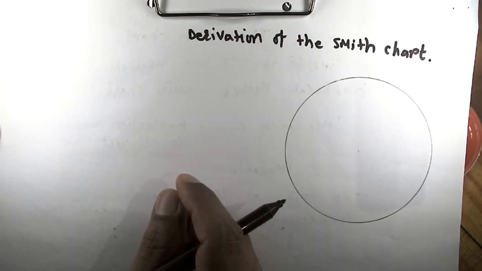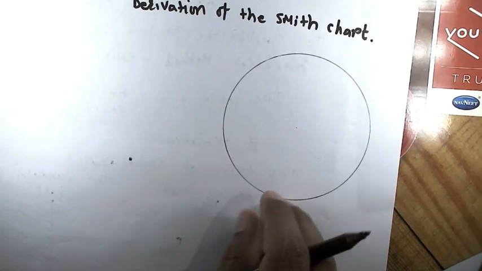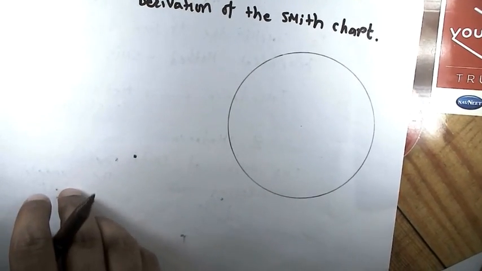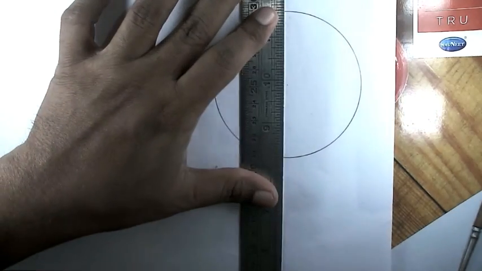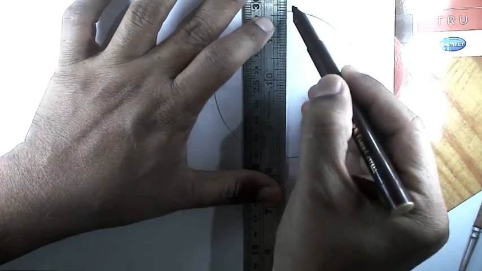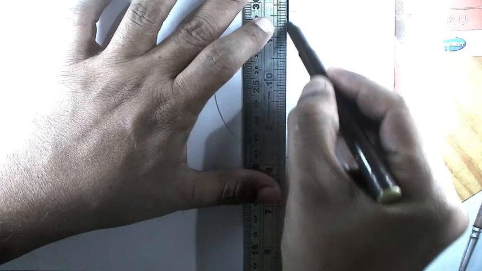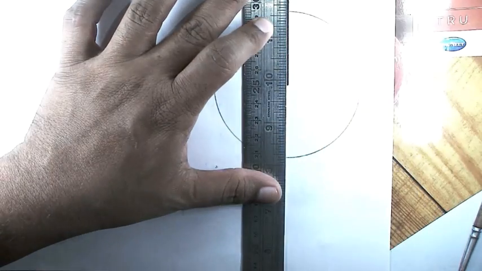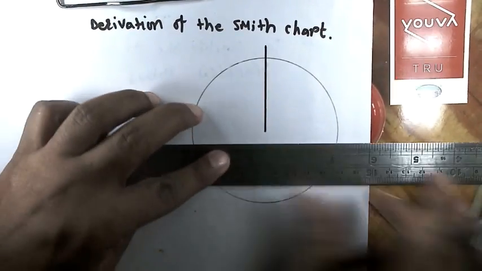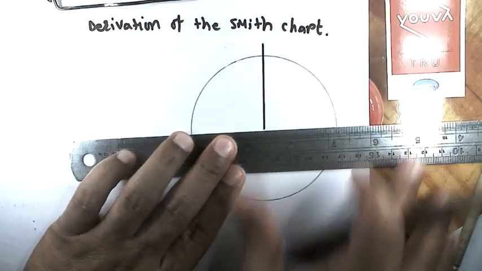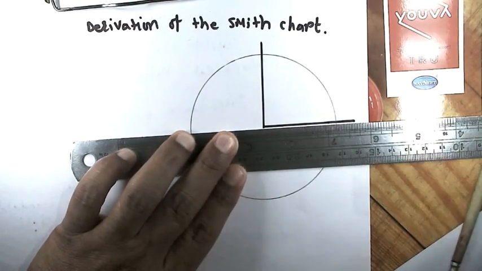So let us first draw a circle. I have already drawn one circle. Let it have an imaginary axis which can be expressed as sigma i, while we have a real axis which I can express as sigma r.